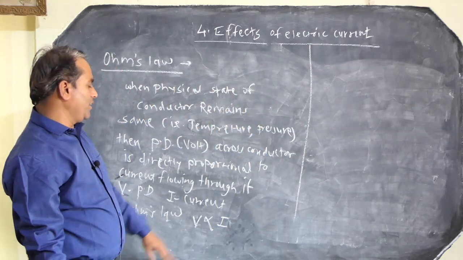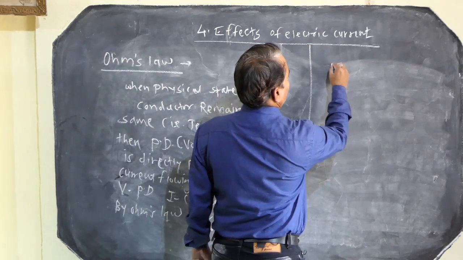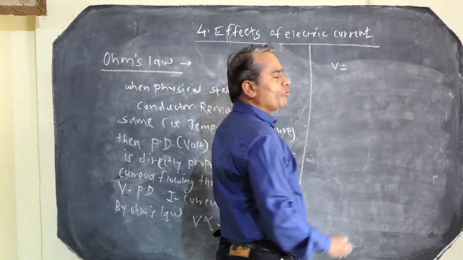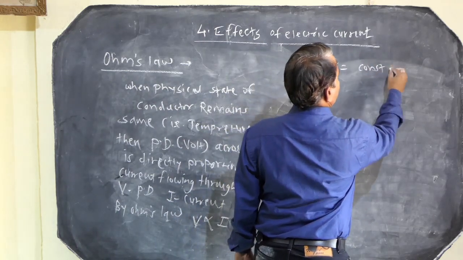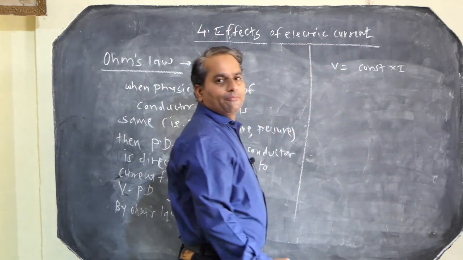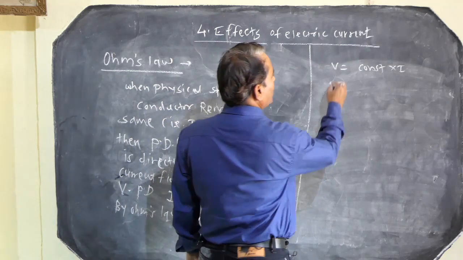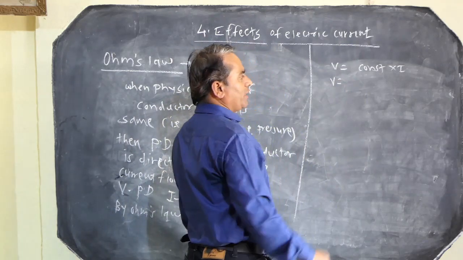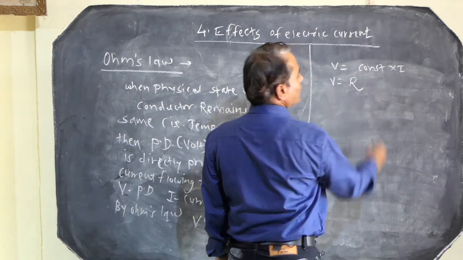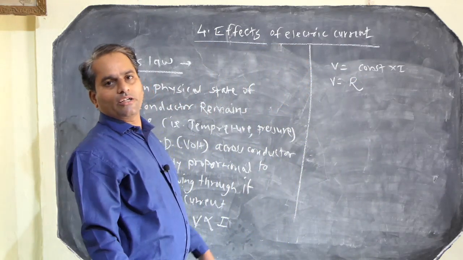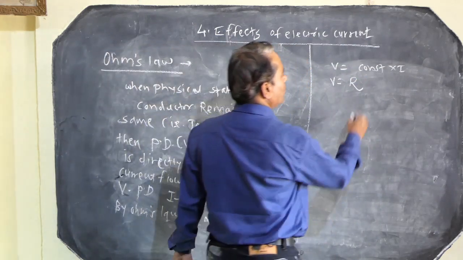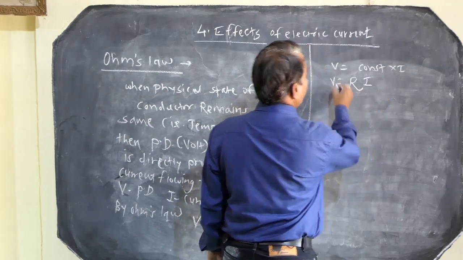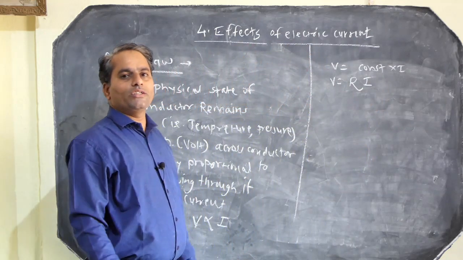So mathematically V equals some constant times I, and that constant is R. R stands for resistance, I is the current, and V is the potential difference.